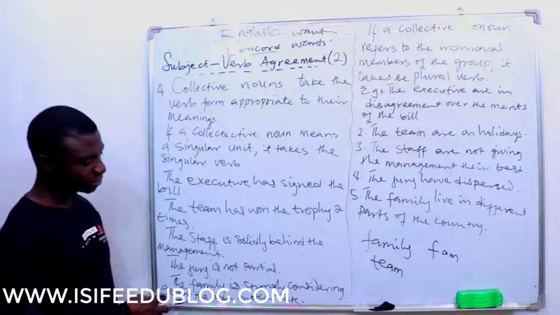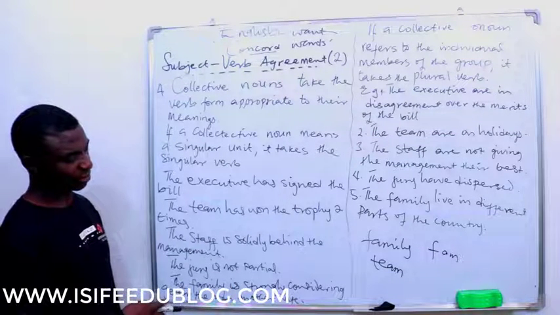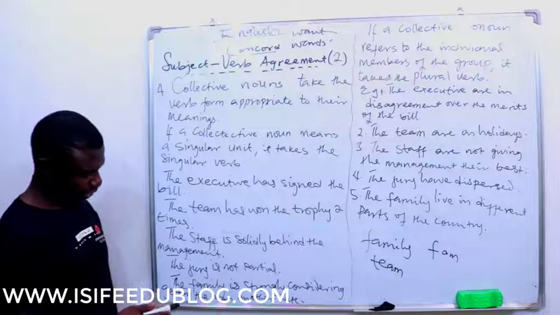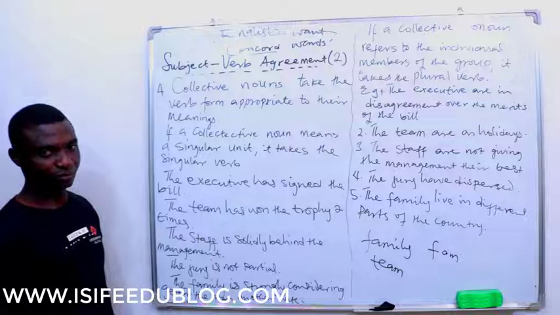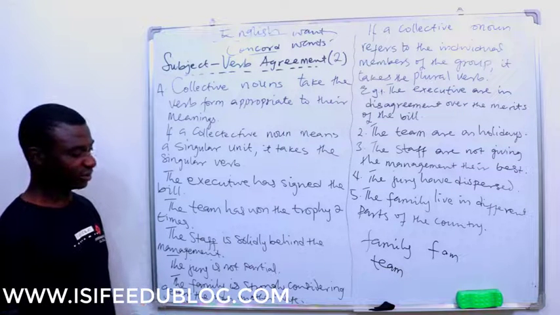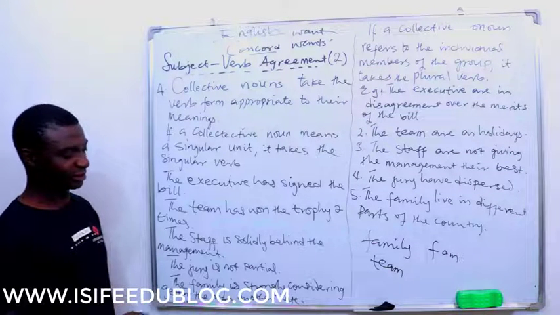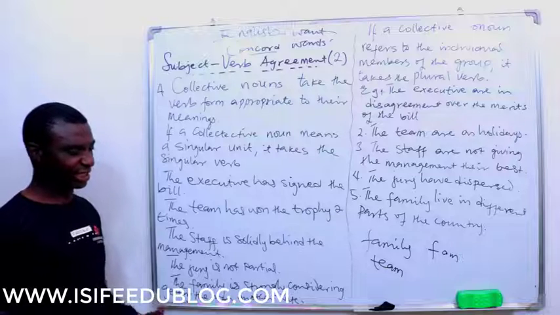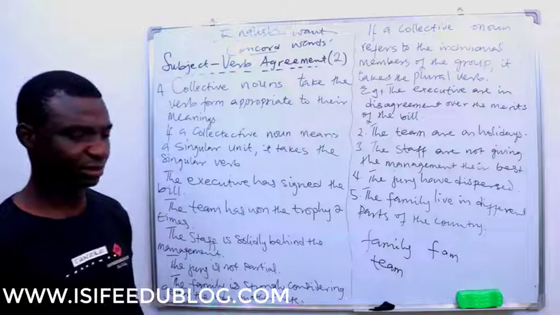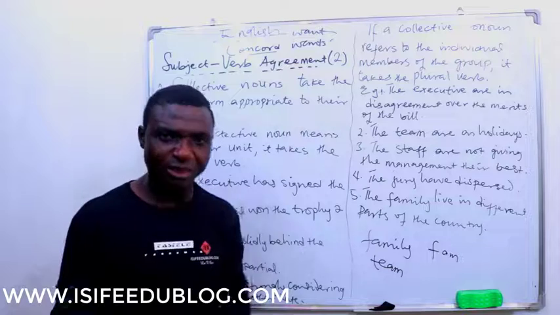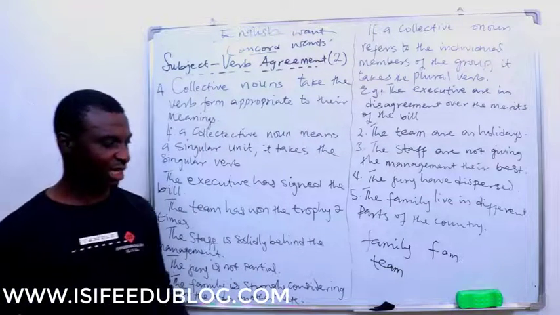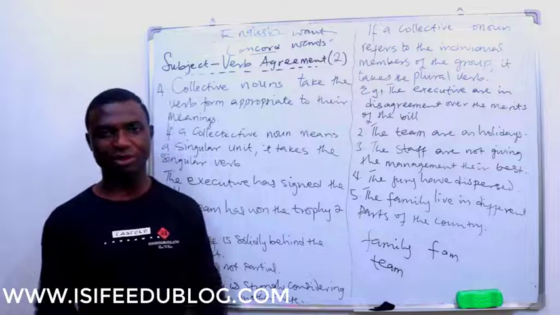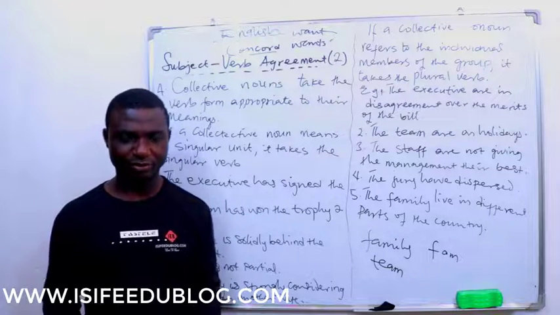Then, the family is strongly considering getting the man another wife. Maybe the head of the family lost his wife and the children have come together along with the man himself to discuss, look, we need a woman to take care of this man before anything happens to him.